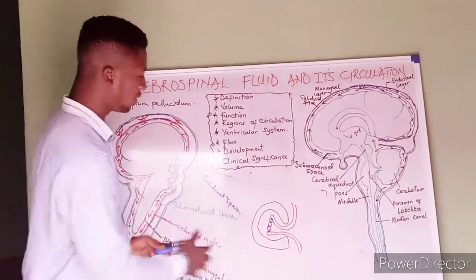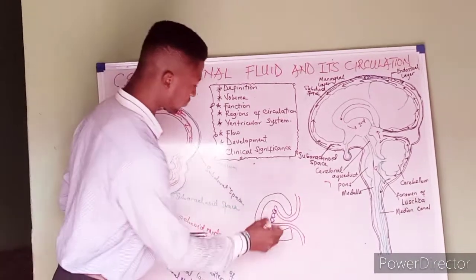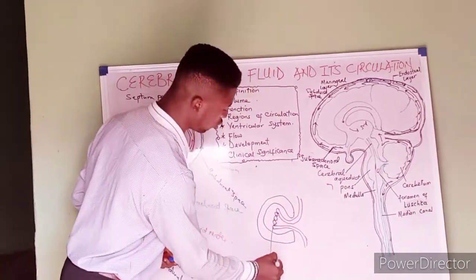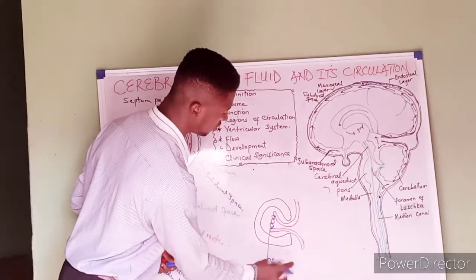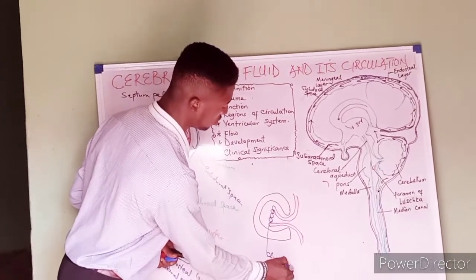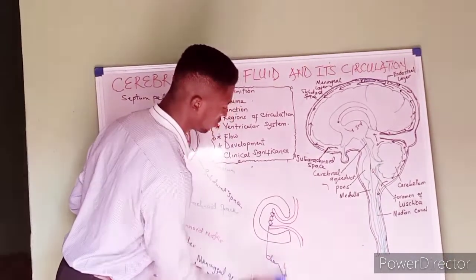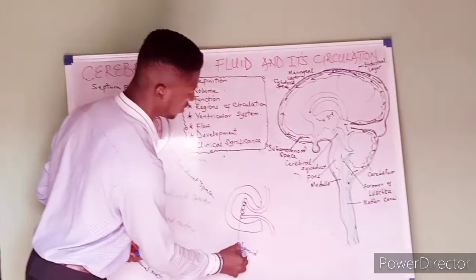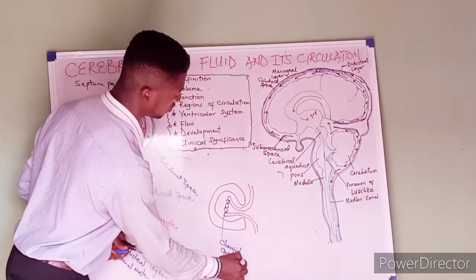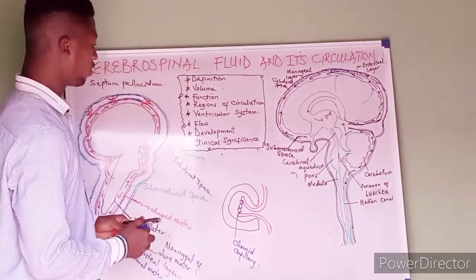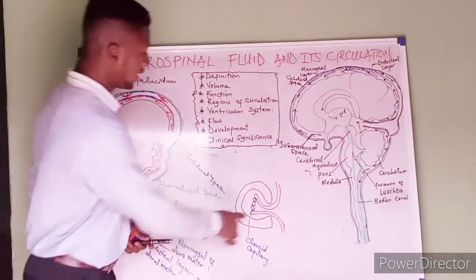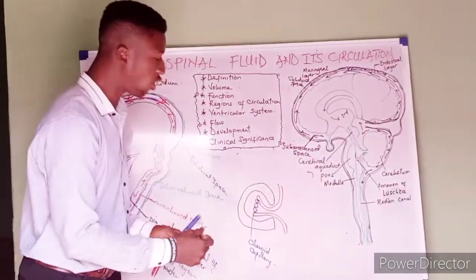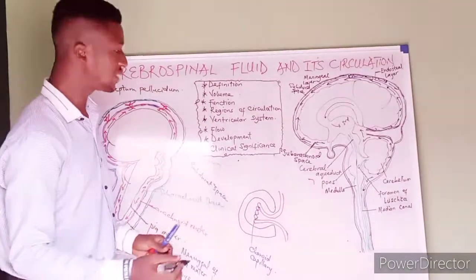So let's take this now to be our choroid capillary. The inner ventricular layer is made up of epidermal cells.